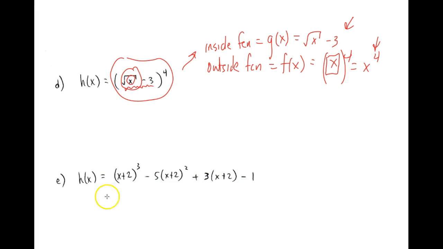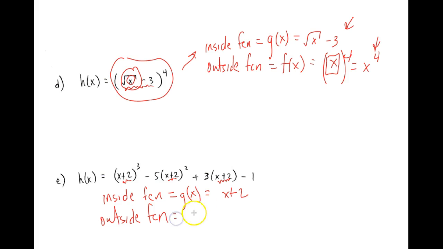And for our last example, we see again that here we have x plus 2 inside parentheses. So here we would say that the inside function would just be x plus 2, and the outside function would be x cubed minus 5x squared, plus 3x minus 1.